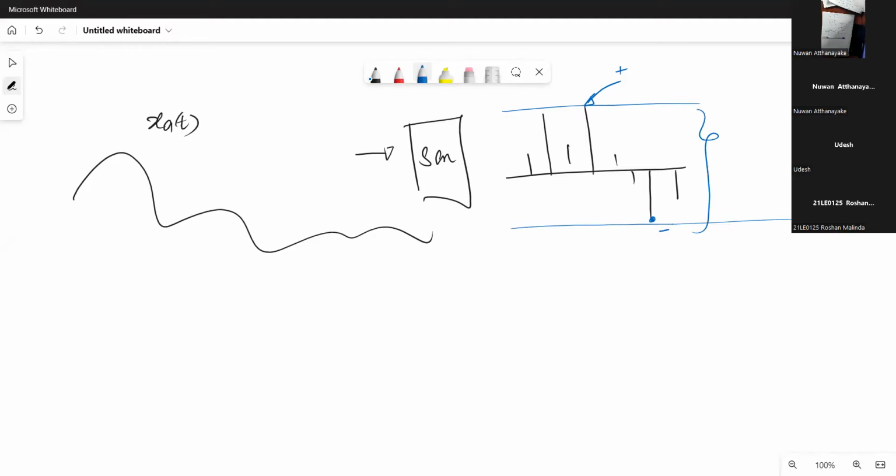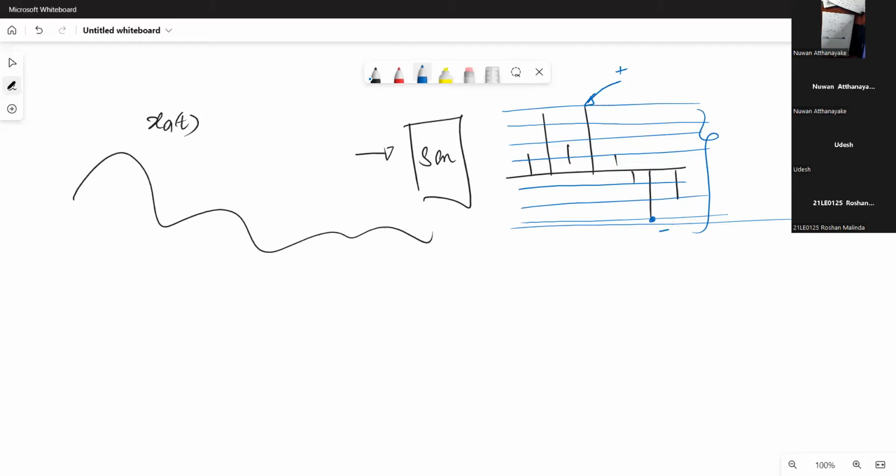Quantization means we can either equally partition this entire span into equally spaced blocks, or in certain cases we can have a non-linear type of quantization.